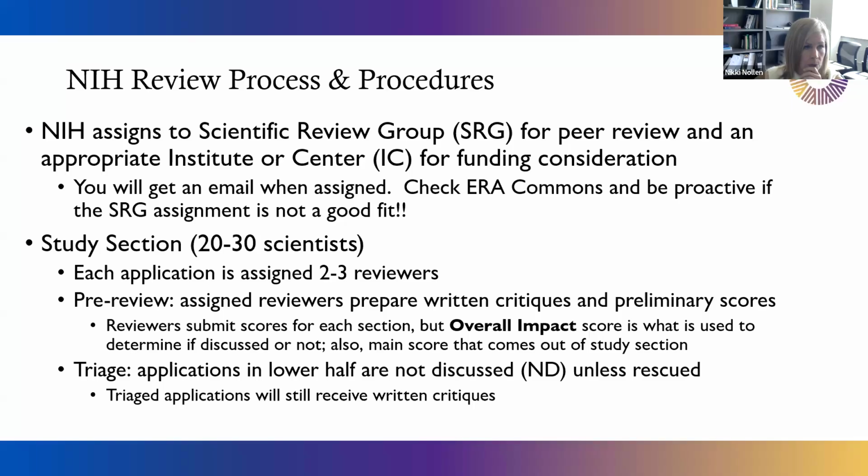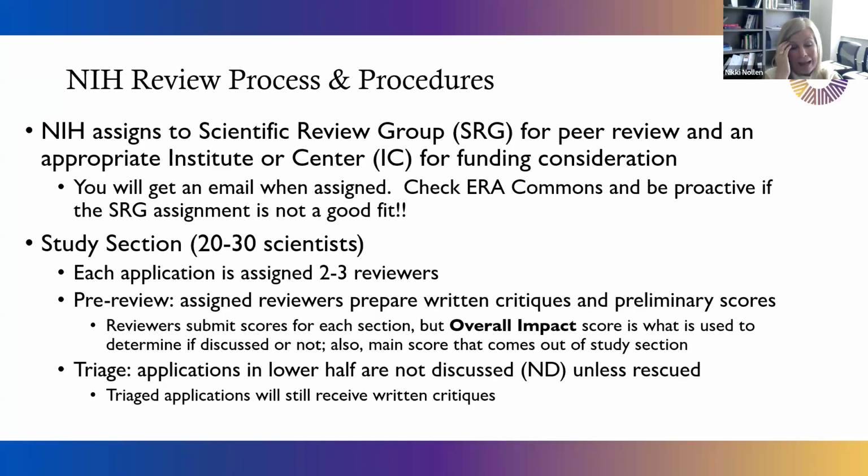Okay, so the process is that you submit a grant, and NIH assigns it to an SRG, which is a scientific review group, and an appropriate institute or center. You'll get an email when that's assigned. It's very important to check eRA Commons and be proactive that the SRG assignment is the right fit for your application. For those of you who have submitted recently, you can submit a study section SRG request form.